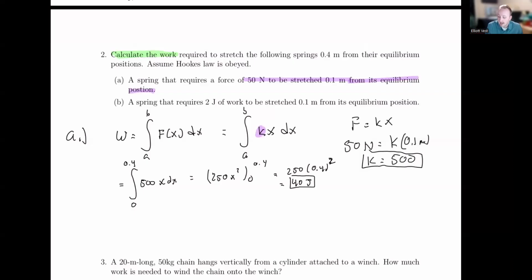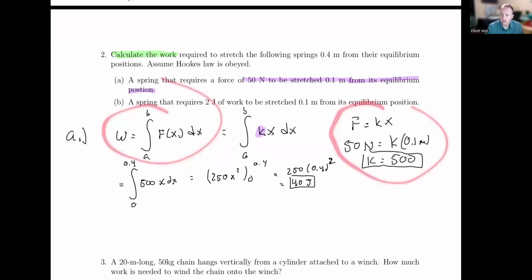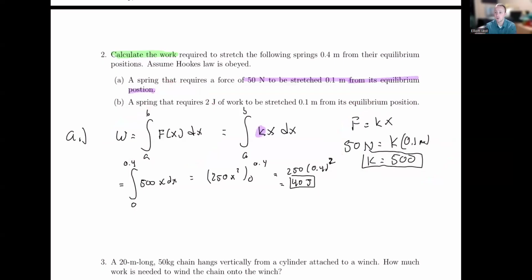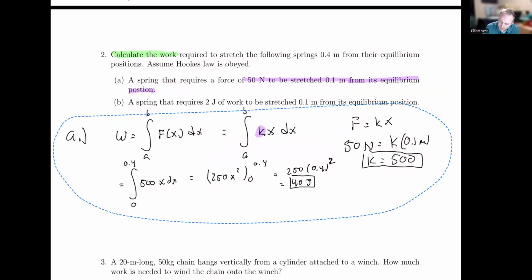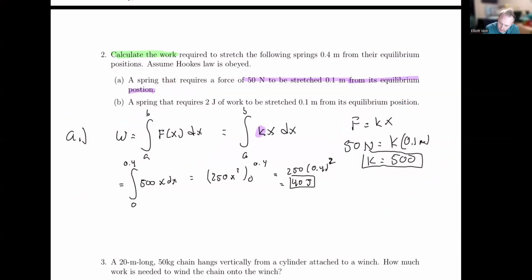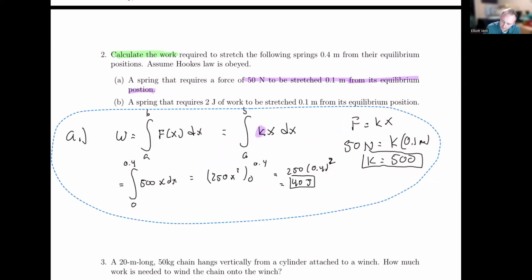So not that bad. We started with this formula. We used Hooke's law, combined them together with the corresponding information, and that gave us the answer we're looking for. Let's see if I can shrink this a little bit so that I can make a little more room for part B.